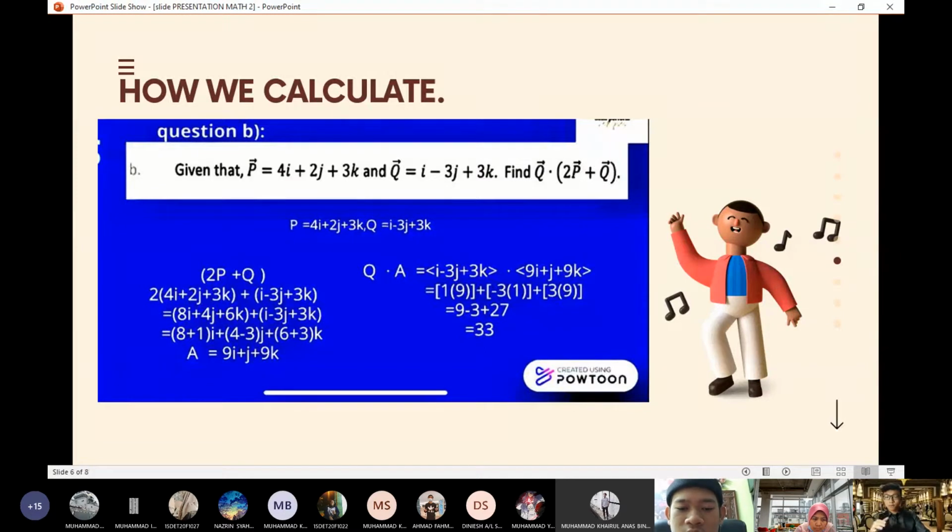After solving, we got A equals 9i plus j plus 9k.